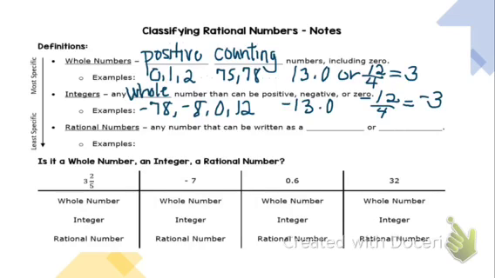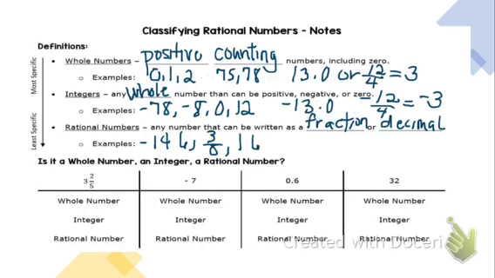Rational numbers: any number that can be written as a fraction or a decimal. So in the first blank, let's write fraction, and in the second, decimal. So examples would be negative 14.6, 3/8, 1.66.